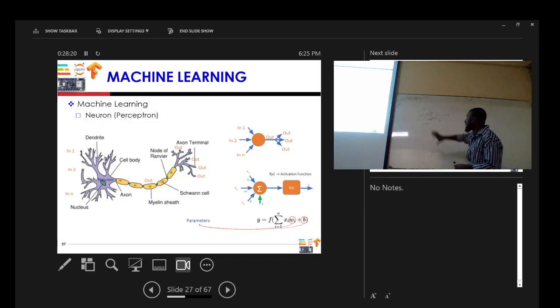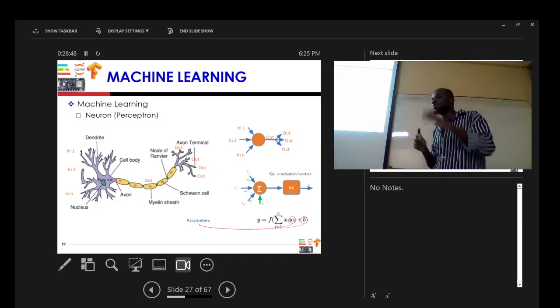The inputs are the pixels of the image, as I talked about last time. I feed these pixels through the system, and the system will learn these values, the weights W1, W2, W3, and then the bias. So what does this mean?